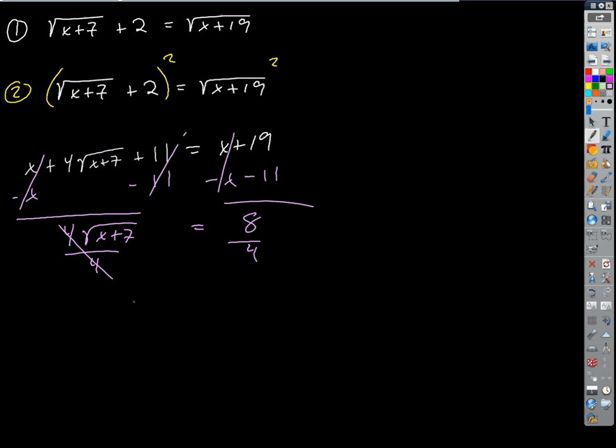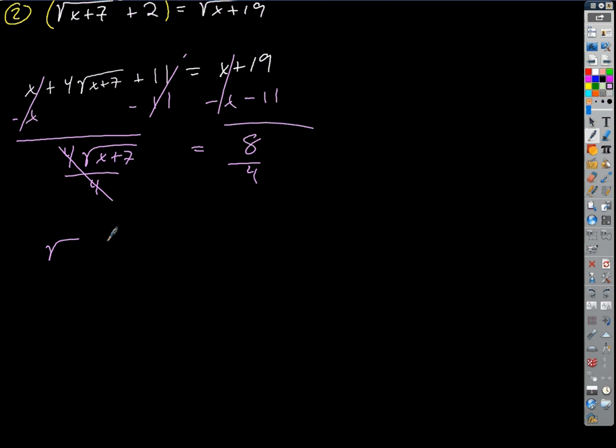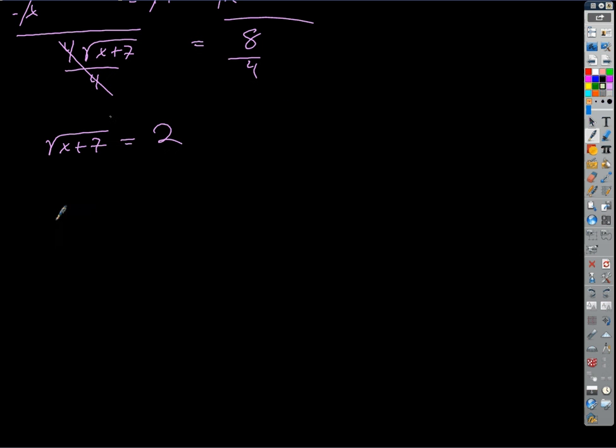And so we end up with the new equation: the square root of x plus 7 equals 2. Now what do we do? Square both sides. Good. So if we square both sides, we get x plus 7 equals 4. And so what's my final answer? x is -3.